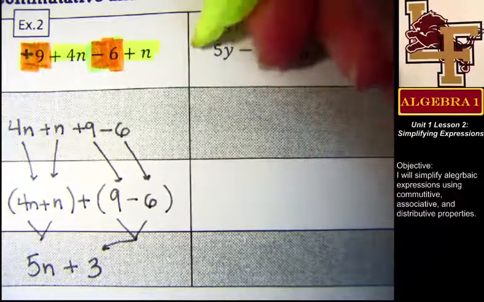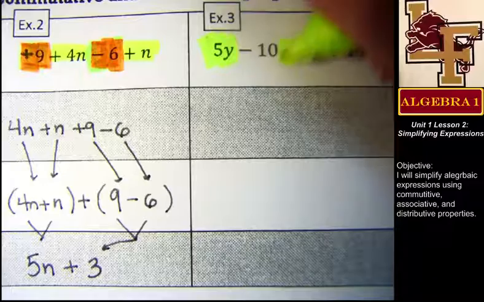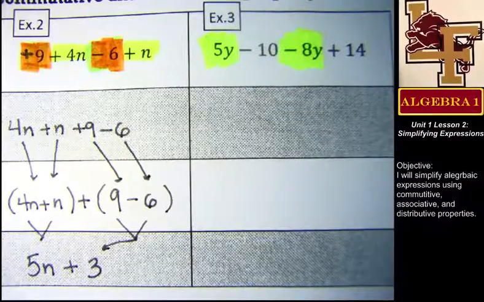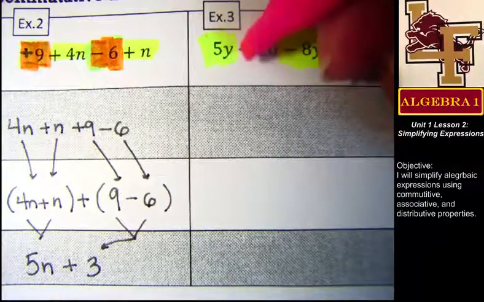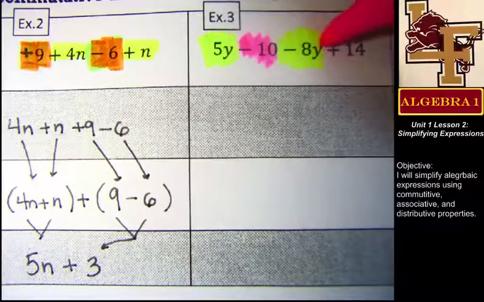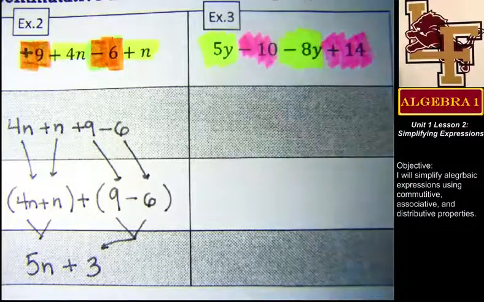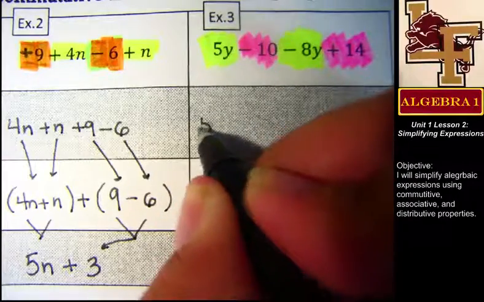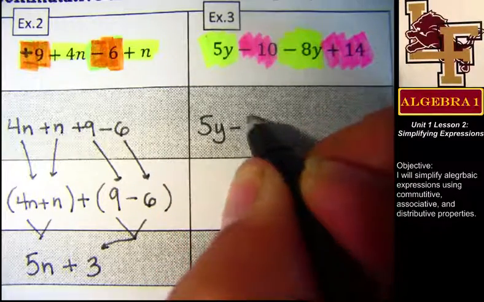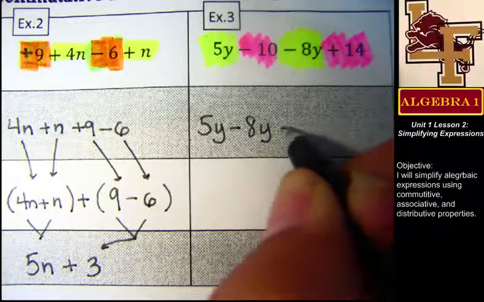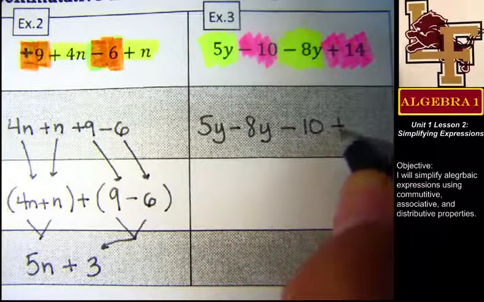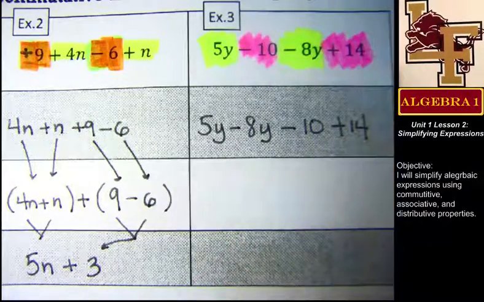All right, here's my variables. Here's my not variables. Okay, so 5y minus 8y minus 10 plus 14.